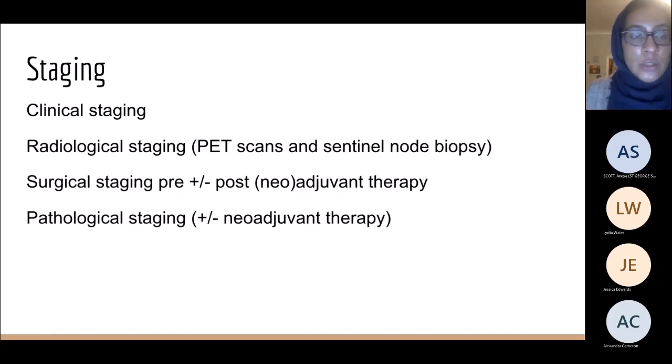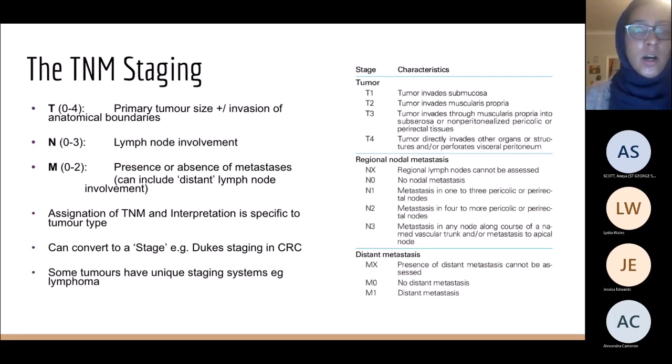Now, a staging that you might be familiar with is something called the TNM staging. Again, it's a staging that tells us how far the cancer has spread. The staging is specific for the different cancers. But in general, the T stands for tumor, and I've put on the side here what T1 to T4 stand for.